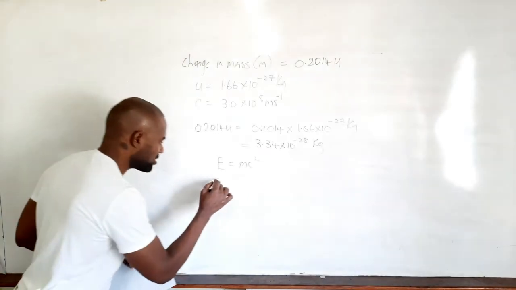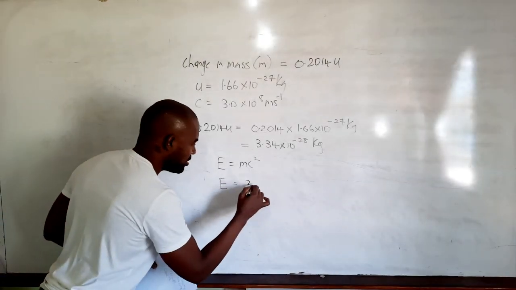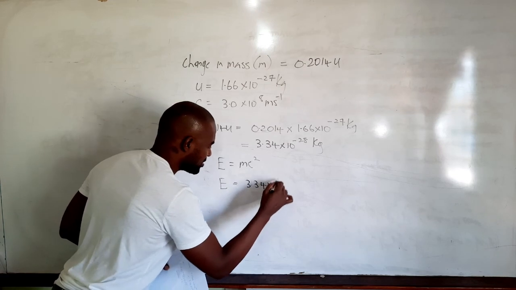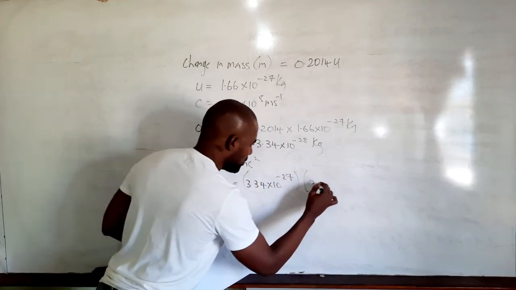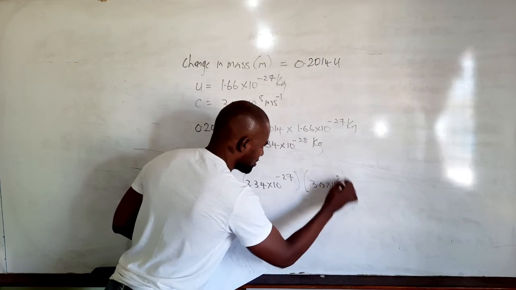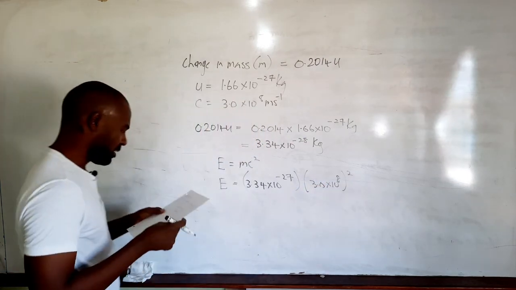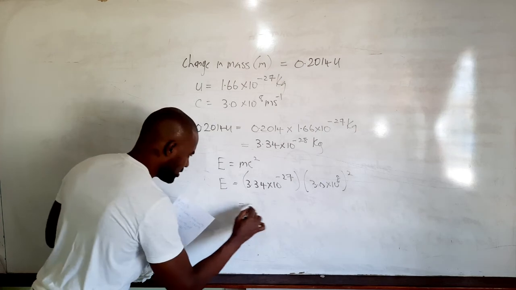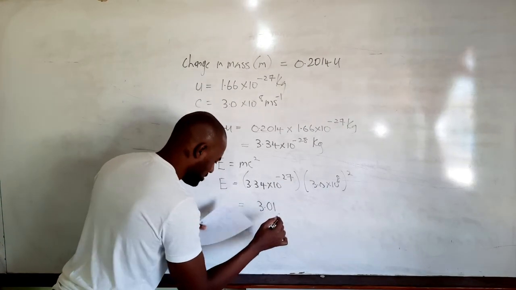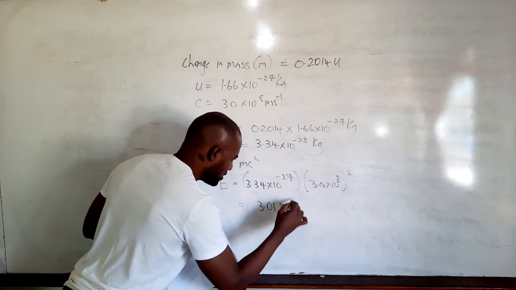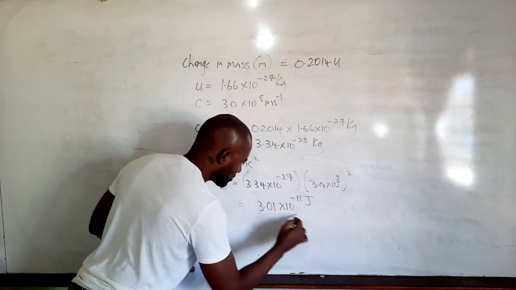So this now gives us E is equal to 3.34 times 10 to the minus 27, that would be in kilograms, times 3.0 times 10 to the 8th meters per second squared. And that basically gives us, to three significant figures, 3.01 times 10 to the minus 11 joules, right?